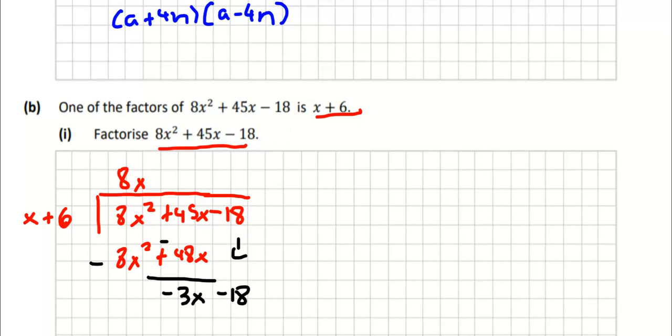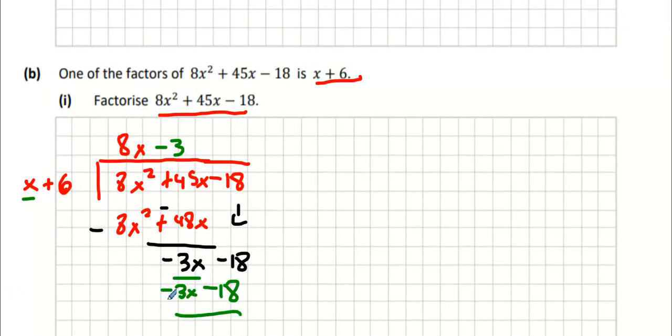Once again, divide the minus 3x by the x to get minus 3. So then multiply by minus 3 and we get minus 3x minus 18. Change the signs and your answer is 0. Okay, so we basically factorized this. The answer is x plus 6 and 8x minus 3.